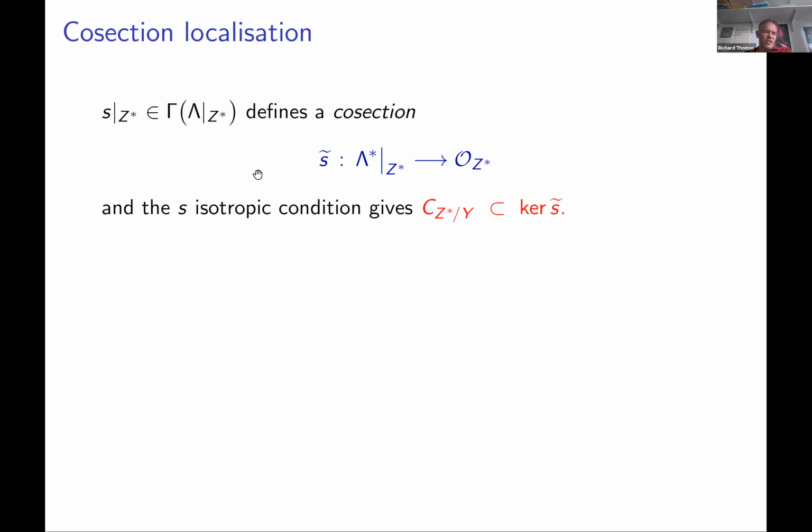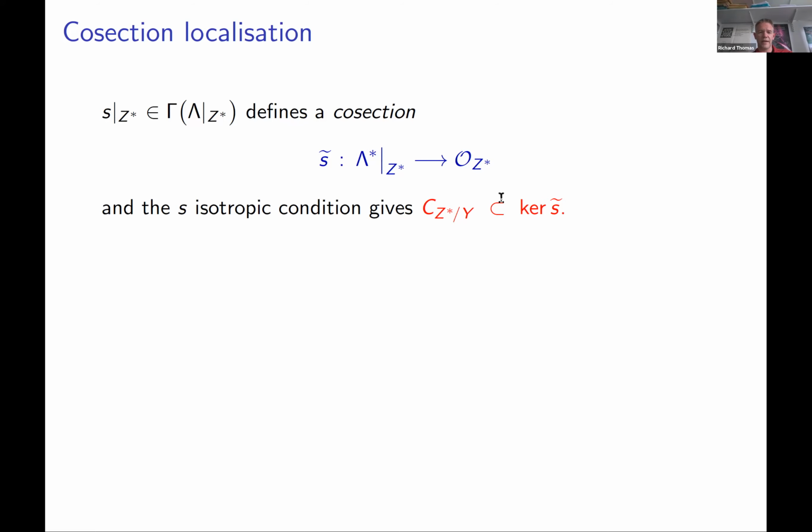The isotropic condition, which I have not used yet, becomes the fact that this cone lies in the kernel of this map, of this function. If you think of this S tilde as a function on the total space of lambda dual, the cone lies in its kernel. That's given by taking the limit of the Q S equals 0 condition on all those graphs as t goes to infinity.